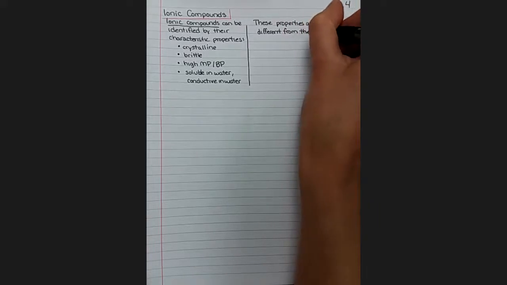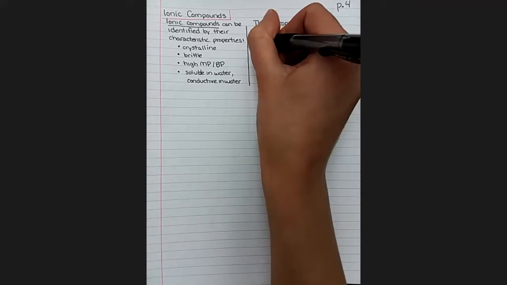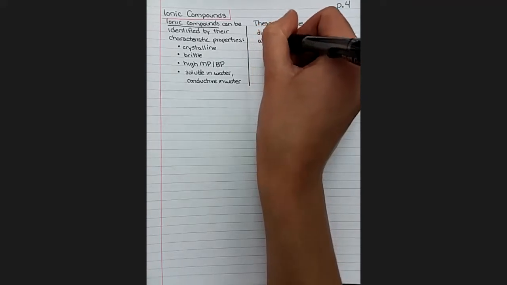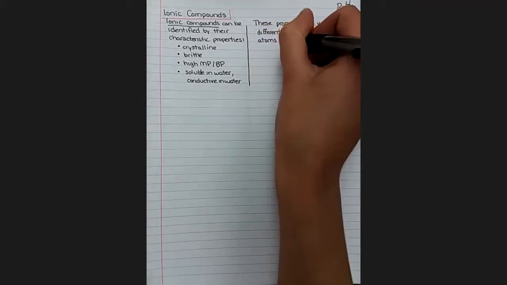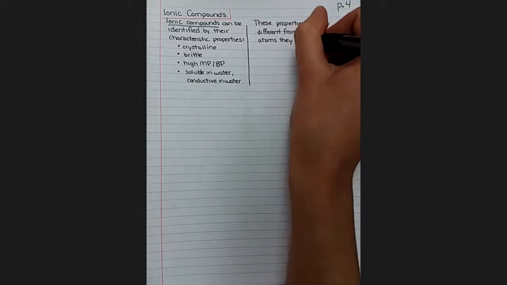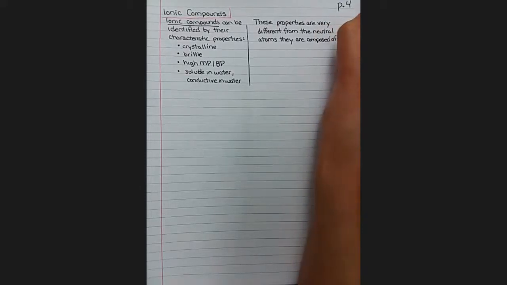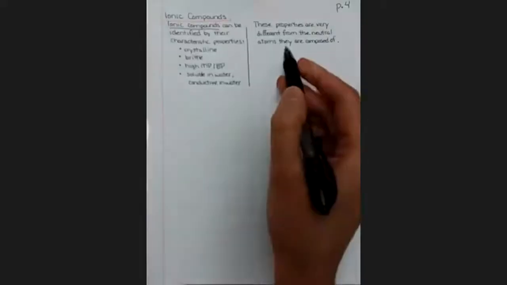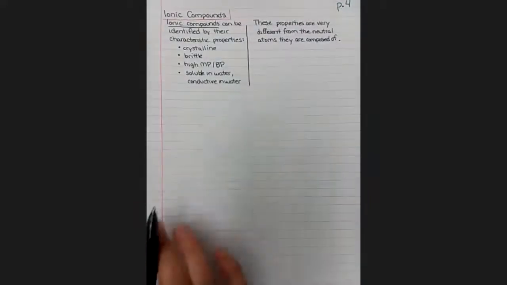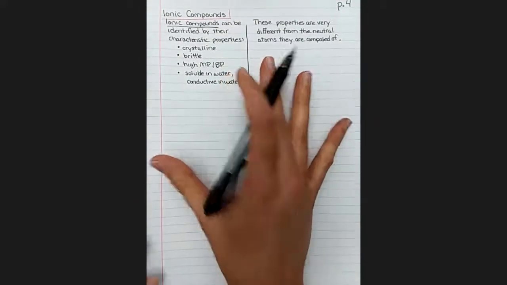When we rearrange atoms in a chemical reaction to form new compounds, the compounds have very different properties than the elements that make them up. So these ionic compound properties are very different from the neutral atoms that they are composed of.